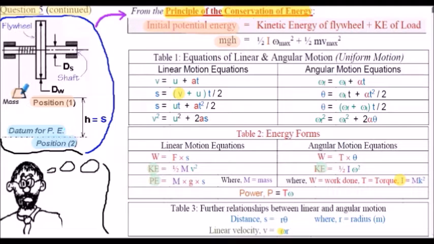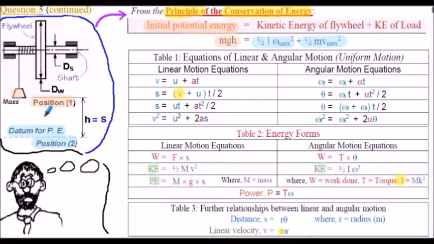But because the mass has been accelerating as it falls vertically downwards, and it has been driving the shaft and the flywheel as it unwinds from the shaft, we will have kinetic energy of angular motion, the half I omega max squared, and we'll also have the kinetic energy of the mass on the hanger, kinetic energy of the load, half m v max squared. Is there any work out of the system?